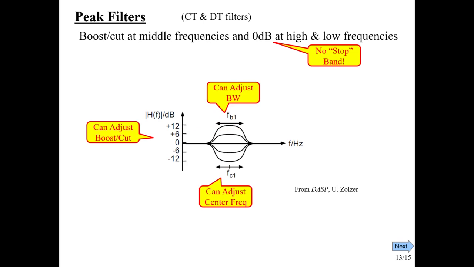So if you make it narrower, you can make a really sharp peak up or a very sharp notch down. So very useful for boosting one small region of frequencies, or probably more often cutting some small region of frequencies where there might be some resonance in the room or something like that.